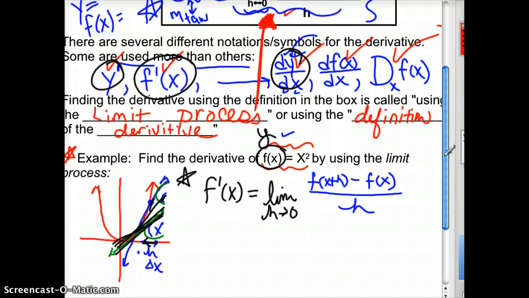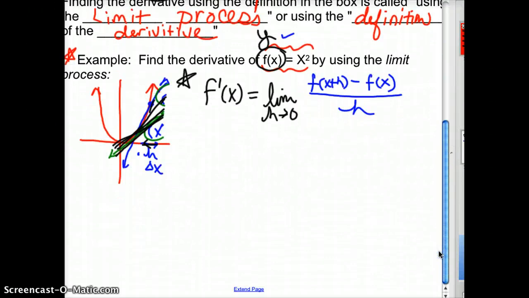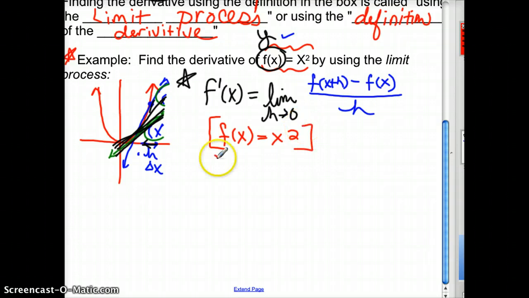So now we're actually going to go find this. All right, so I'm going to extend my page here, get a little more room. There we go. So let's go find that derivative. Here's what I've got. f of x equals x squared. Remember that, that was my original function. So let's go find my derivative.